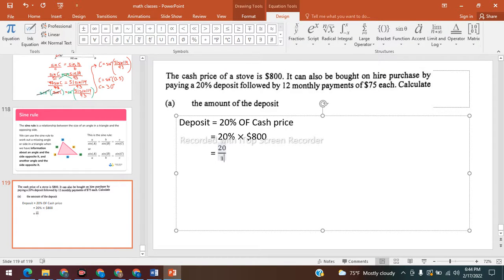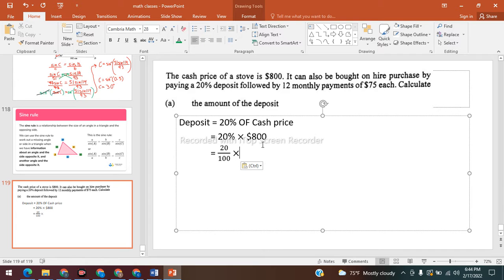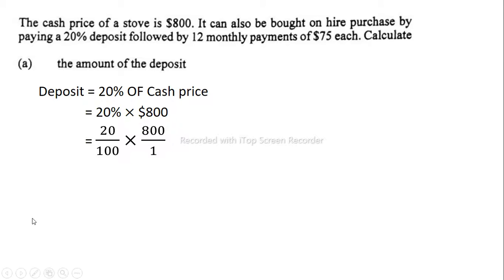So 20 over 100 multiplied by 800 over 1. We could cancel, right?